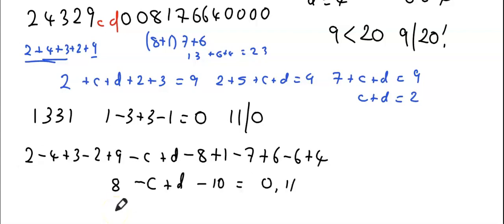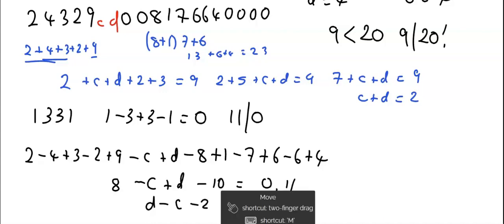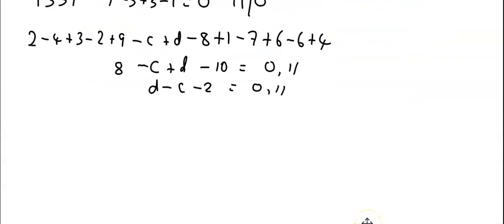And so I've completed the sum now, and we have 8 minus C plus D minus 10 equals 0 or 11, so that D minus C minus 2 equals 0 or 11. It must be a multiple of 11. It can't be 11, so it must be 0. So D minus C equals 2.